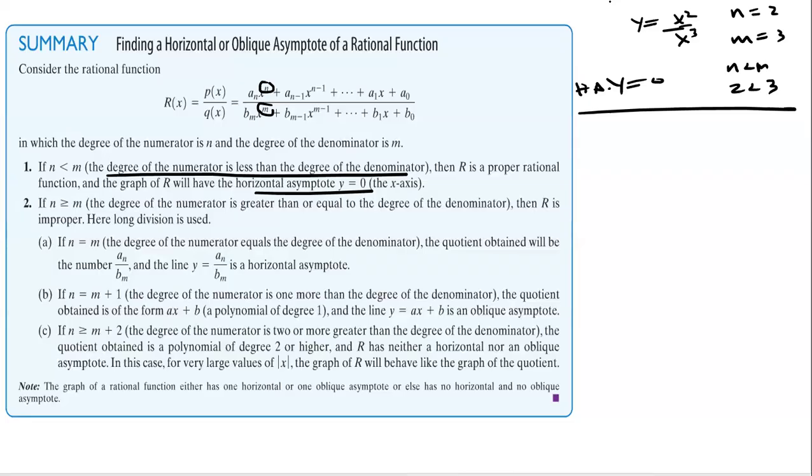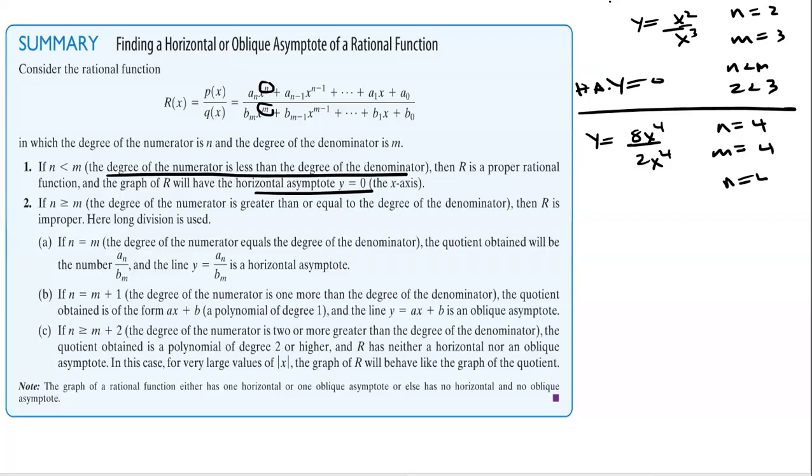Now let's look at when n is bigger or equal to m. So let's focus on when n is equal to m. So let's say we have y is equal to 8x to the fourth divided by 2x to the fourth. Okay. So n in the numerator is 4, m in the denominator is 4.